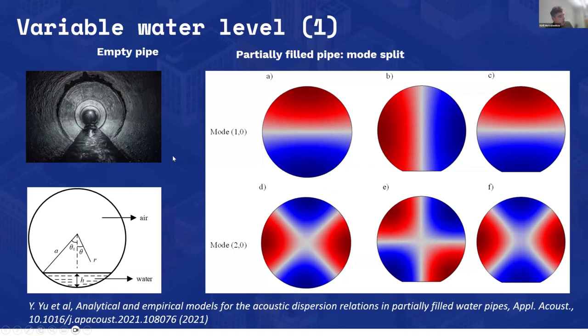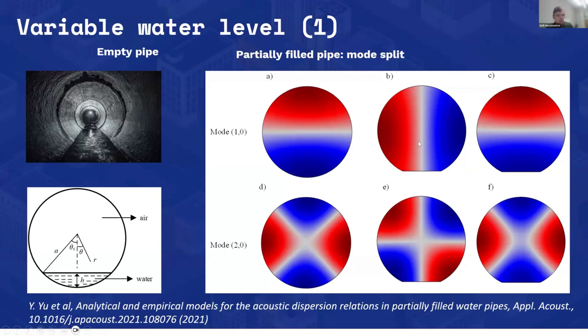Another problem is the water level effect. You can see in this picture there is always a water level in the pipe. It's not a very high water level in a gravity-fed sewer, but it makes the pipe asymmetrical. As a result, this asymmetry is reflected in the modal patterns, which Simon mentioned in one of the previous slides.